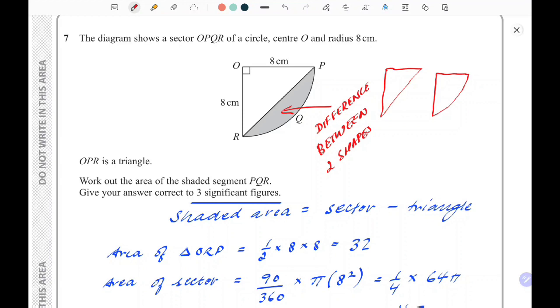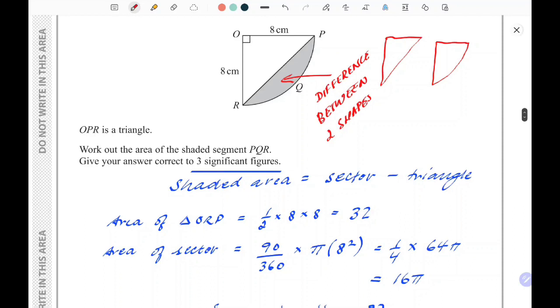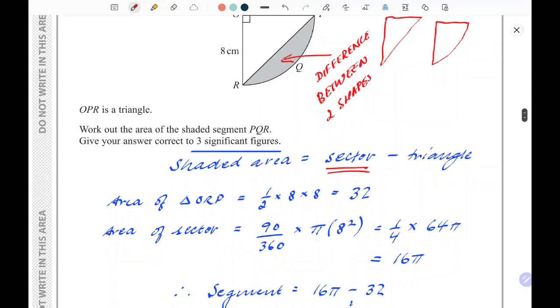One's a triangle and one is a quarter circle. All right, the quarter circle is effectively called a sector. All right, and so we're going to work out the area of these two shapes first, and then find the difference between them. So the area of the triangle ORP is simply half times base times height.